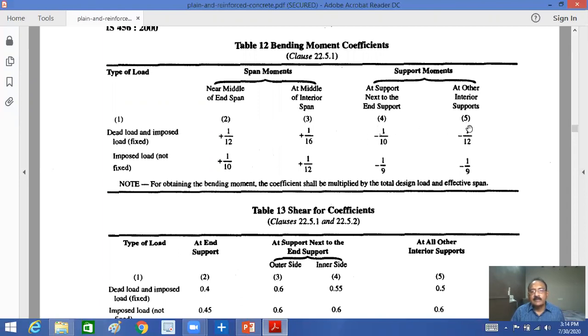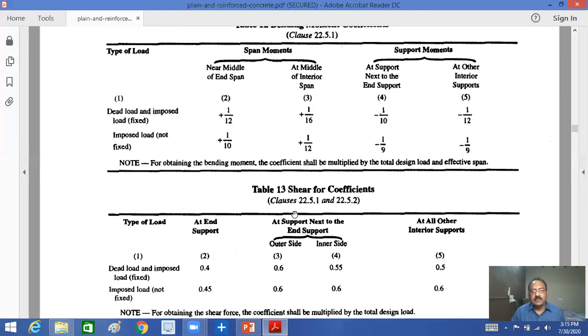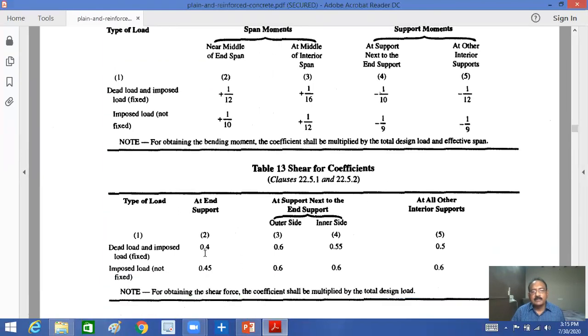At the interior supports, 1/12. For imposed load, not fixed, 1/10 and 1/12, and 1/9. Similarly, shear coefficients are 0.6 at the end support, and 0.6 and 0.5 at the other interior supports.